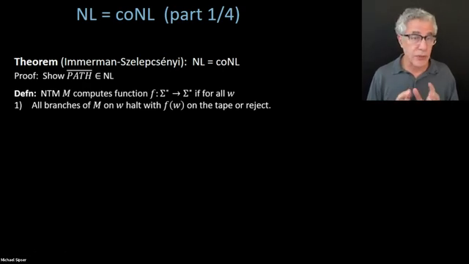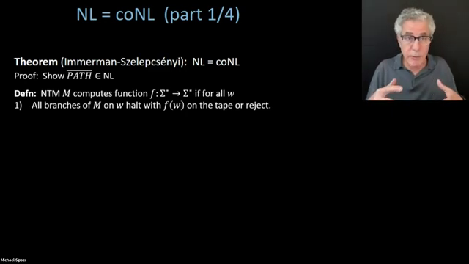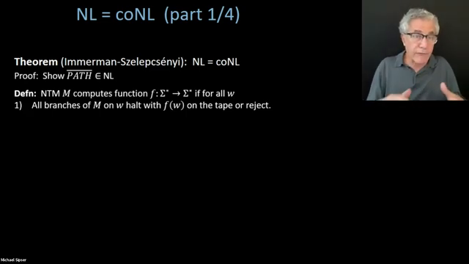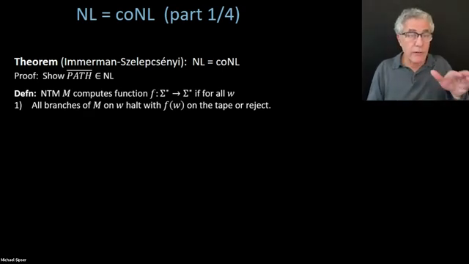So we're going to have non-deterministic machines that have different branches of their non-determinism on some input, and they're supposed to compute some function value, remaining on the tape. But because of the non-determinism, you can imagine that different branches might have different function outputs. Well, that's not allowed. All branches must either report the value of the function that we're trying to compute, or they can punt.